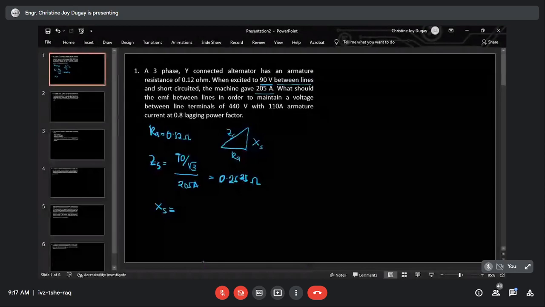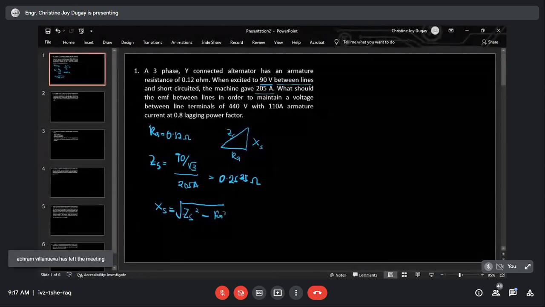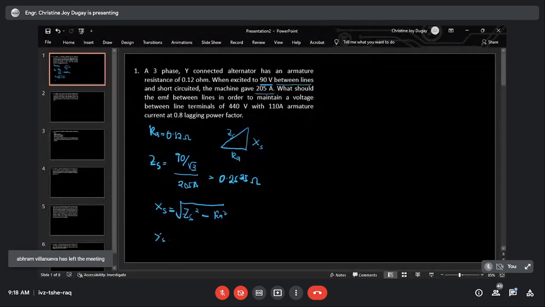So that is, using Pythagorean, you're just going to square lahat ng sides and then you're just going to add RA and XS, no? So ZS squared less RA squared, no? So XS po ngayon natin, that is now equal to square root of ZS po natin, which is 0.2535 square less RA, which is 0.12 square.